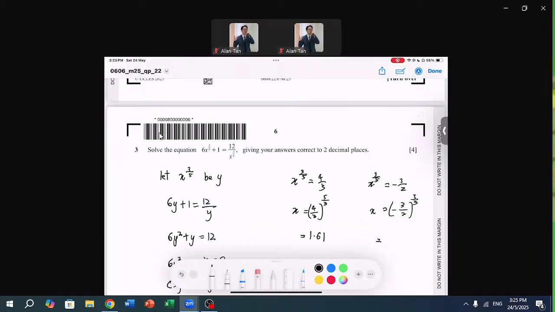Let's just keep it to 2 decimal places. For negative 3 over 2, x equals negative 1.97. So x equals 1.61, x equals negative 1.97.